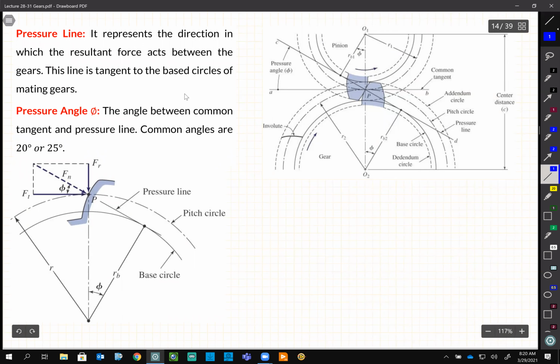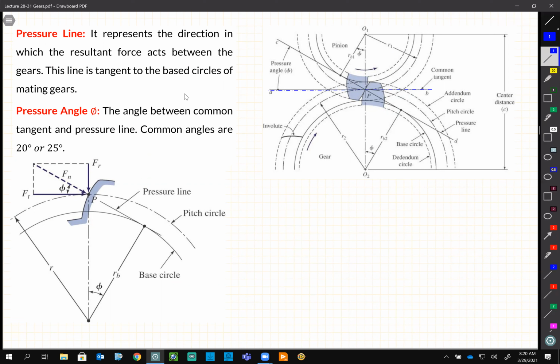The cotangent line between the two pitch circles and the normal line, which is the one that the two base circles are tangent to. So the angle between these two, which we show by phi, is called pressure angle. And this red line, people call it pressure line or line of action.